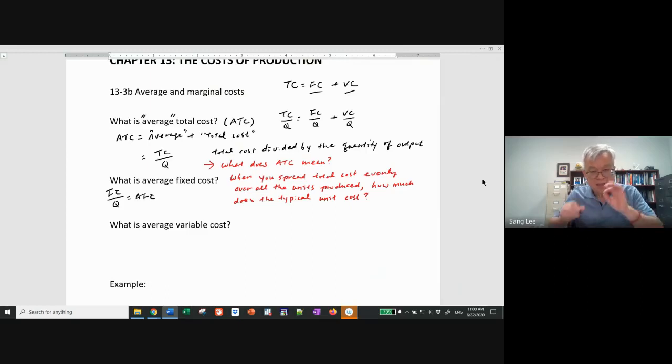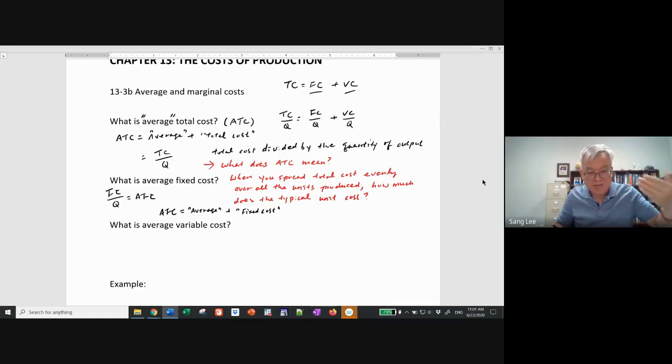Now again, you don't really have to memorize this. So here, average fixed cost is what? We have two words here. One is average, and then fixed cost. So what did I say?